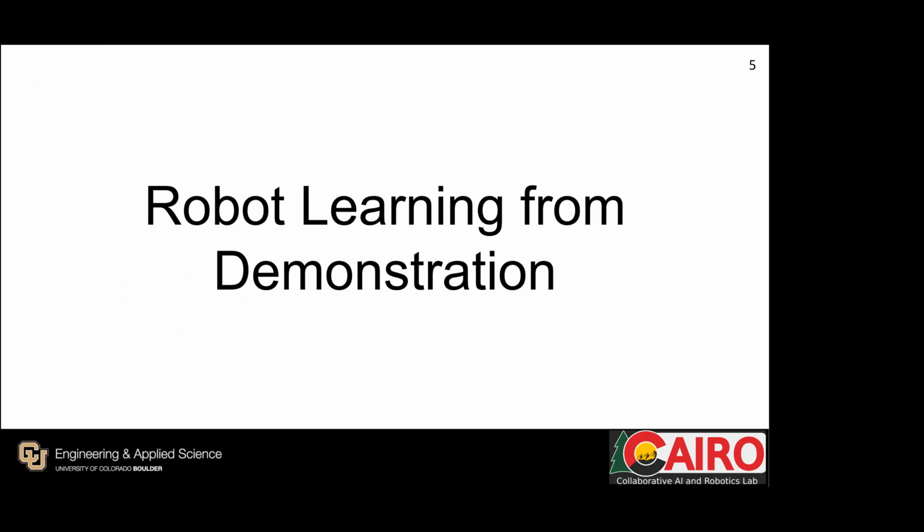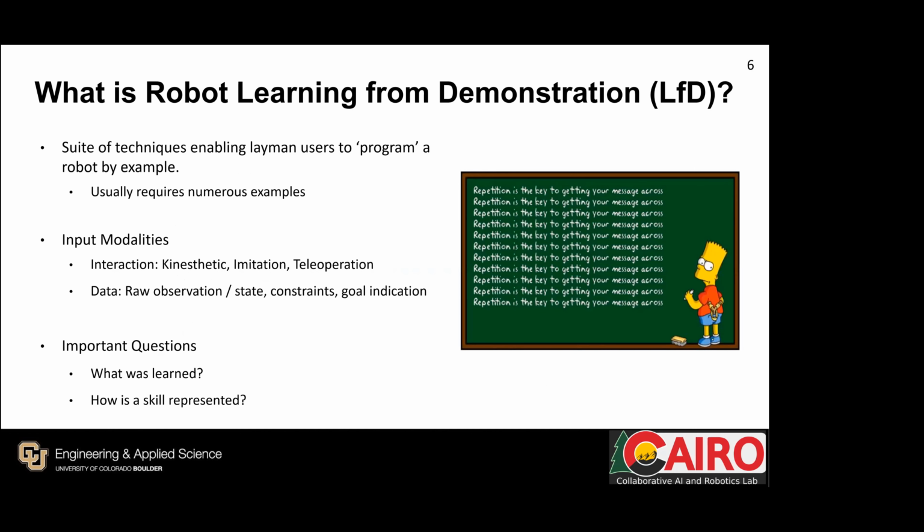So let's jump right into it. Robot learning from demonstration. For the few of you who are unfamiliar, robot learning from demonstration is a suite of techniques that enable layman users to program, quote unquote, a robot by example. This usually requires a numerous number of demonstrations to generate a data set for a learning model. There are a number of input modalities.